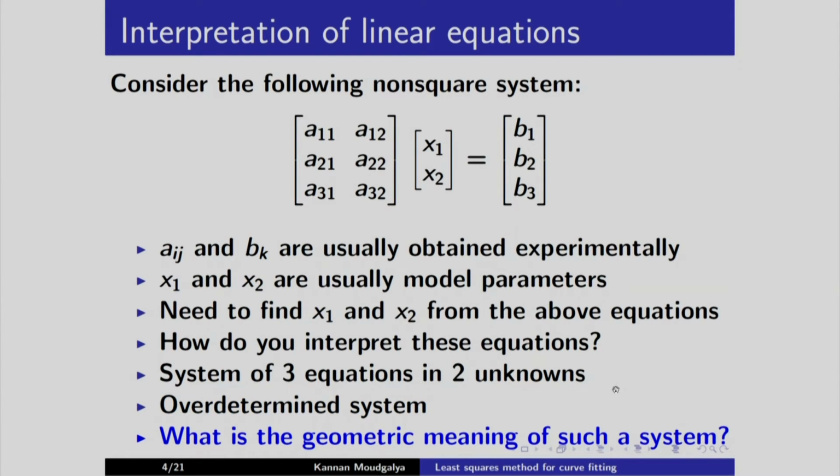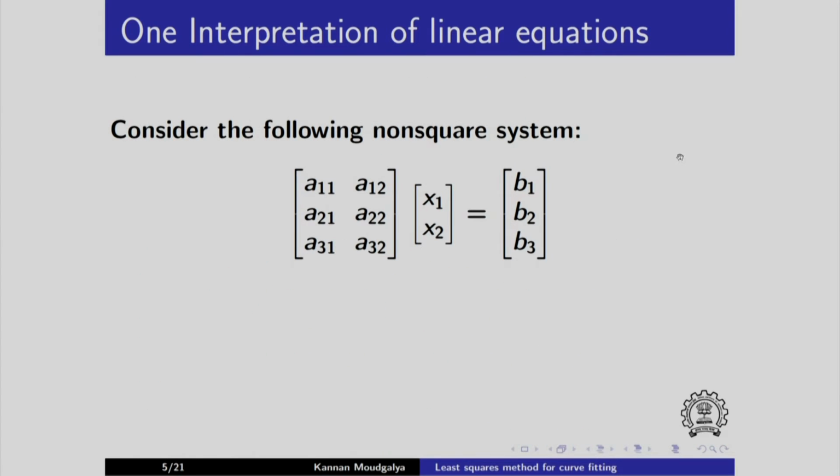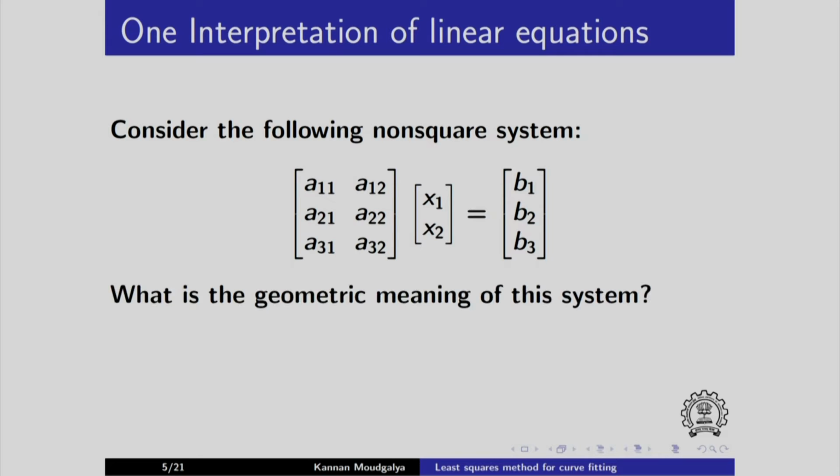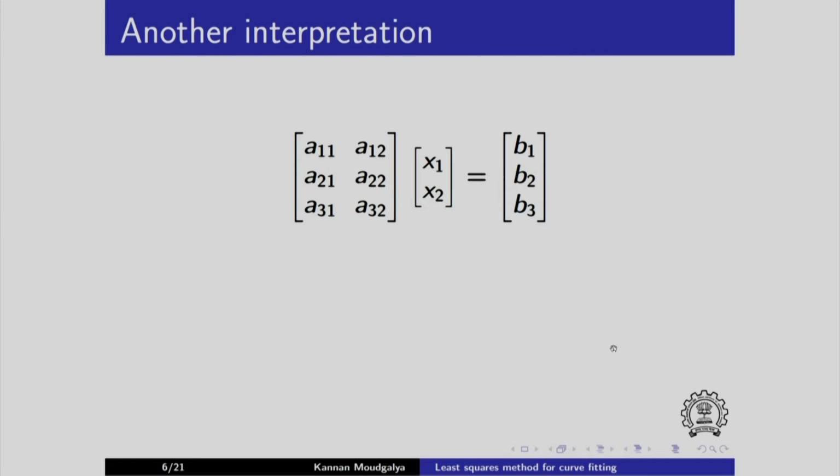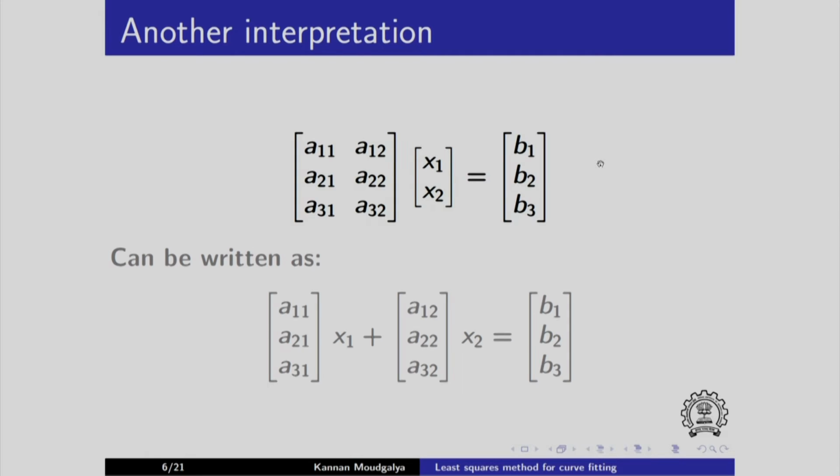What is the geometric meaning of such a system? We will present one interpretation of this system. We can consider this as three lines intersecting at a point, but how often can this happen? So we go for another interpretation.